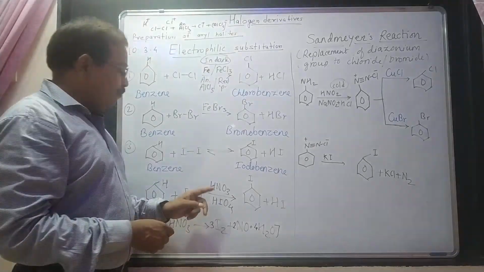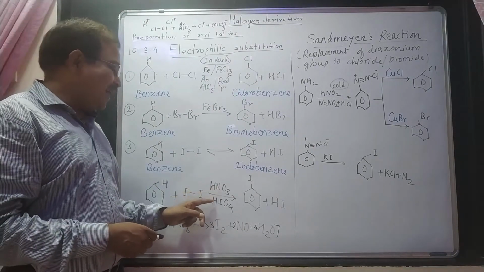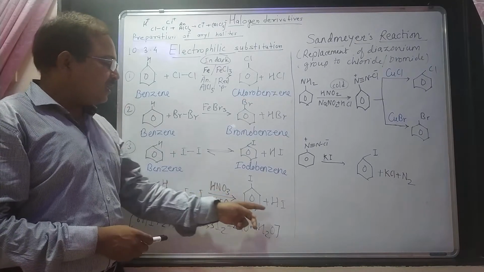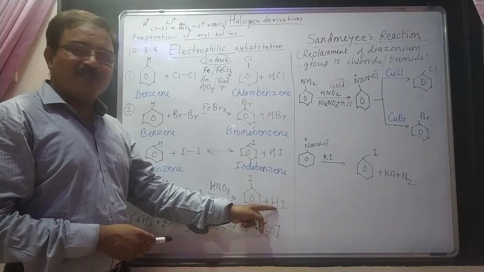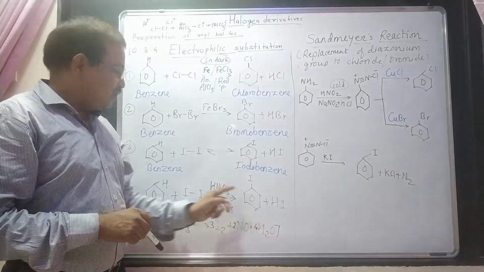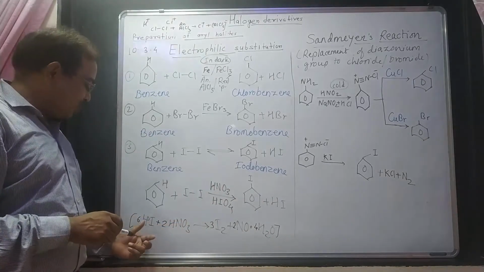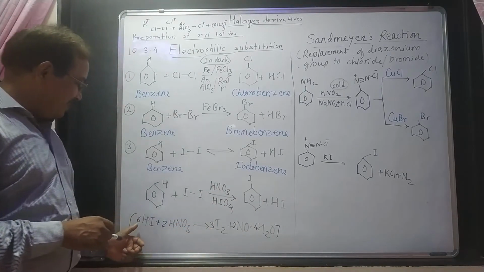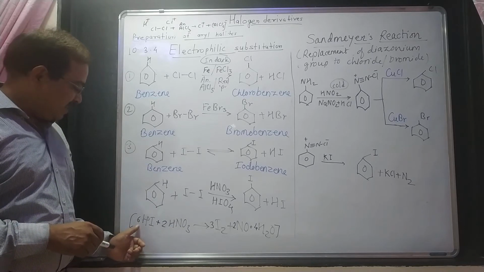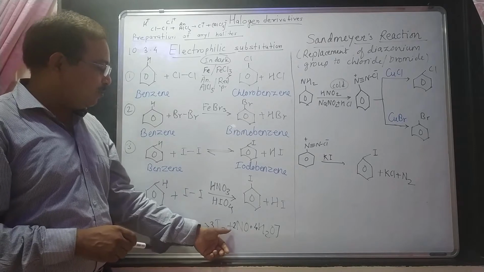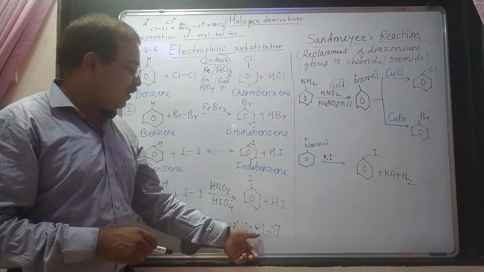So here, what is the role of HNO3 and HIO4 in this reaction? Here, HI is a reducing agent, therefore its oxidation will take place. So HNO3 can oxidize this HI into iodine. So here we will try to understand the reaction: 6HI plus 2HNO3 gives 3I2 plus 2NO plus 4H2O.